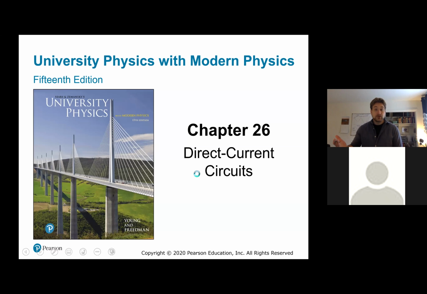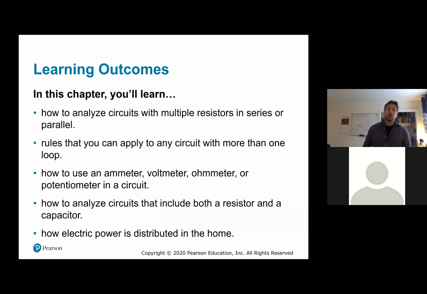Let's talk about direct current circuits, DC circuits. Here's what we're going to be talking about. We're approaching the end of our first module, which was intended to examine electricity.